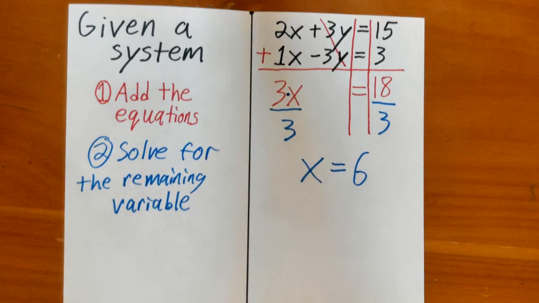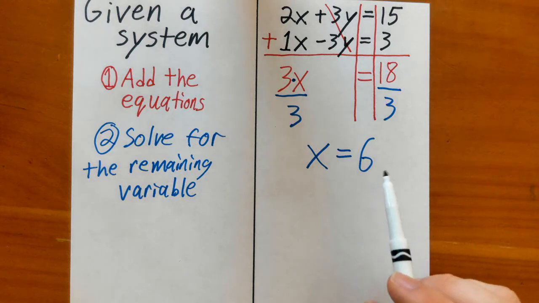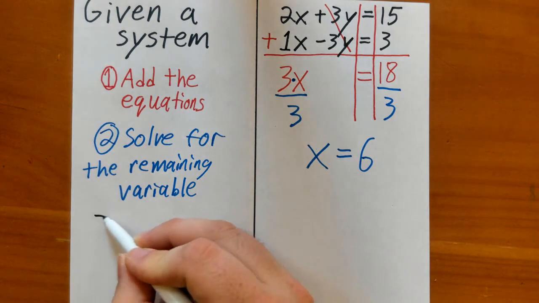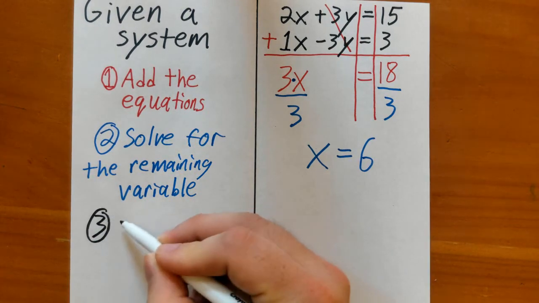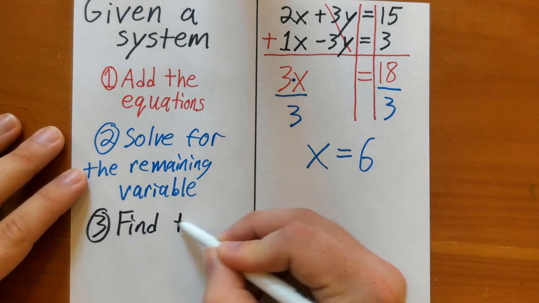Alright, so keep in mind though, we do have two variables, which means now that I have x equals 6, the next step is to find the other variable.